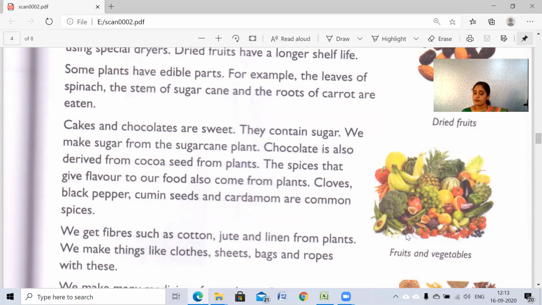Some plants like clove, black pepper, cumin seeds, and cardamom are also obtained from plants, which are used as spices that give flavor to our food and add taste to our food. Okay.